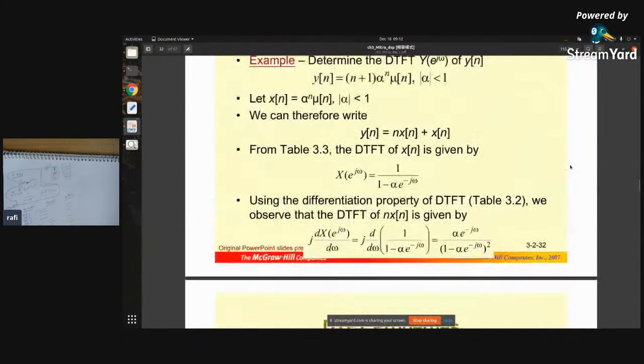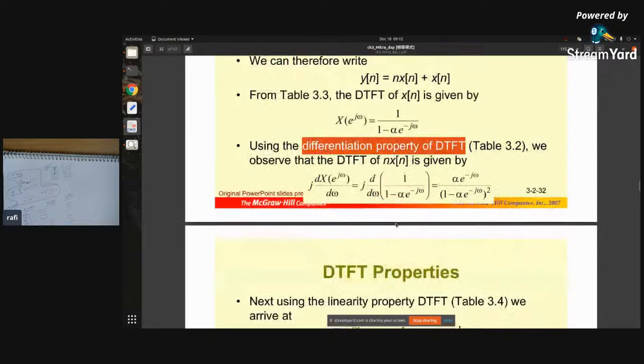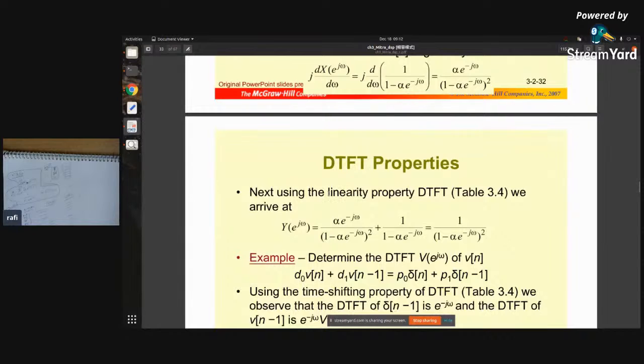If you simply say that the DTFT of n into x of n is this, it won't be considered. You need to say how: because of the differentiation property of DTFT, you can differentiate, and because of the linearity property of DTFT, you can add these two.